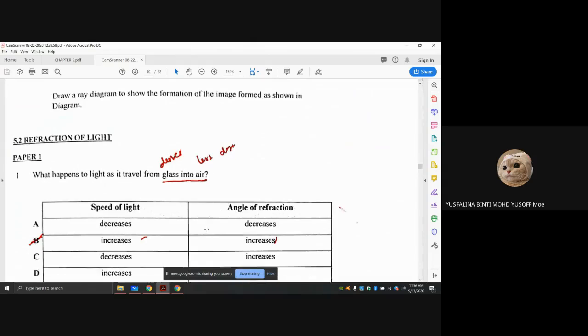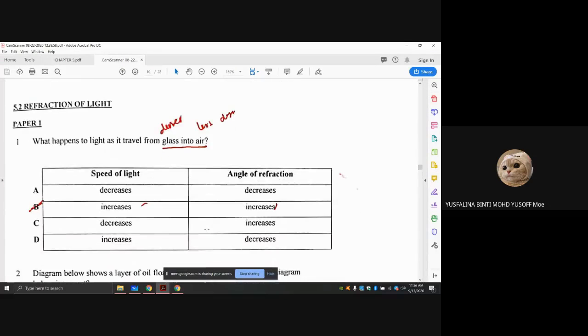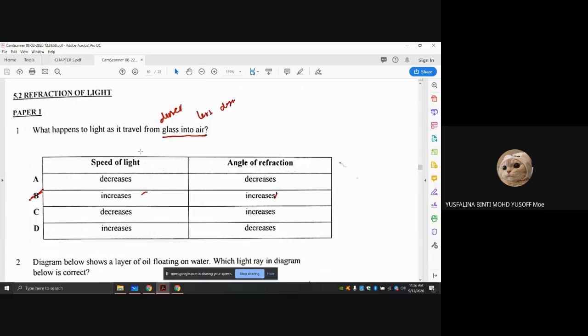Let's see 5.2, refraction of light. What happens to the light as it travels from glass into air? Glass is denser, air is less dense, so it goes from denser to less dense.